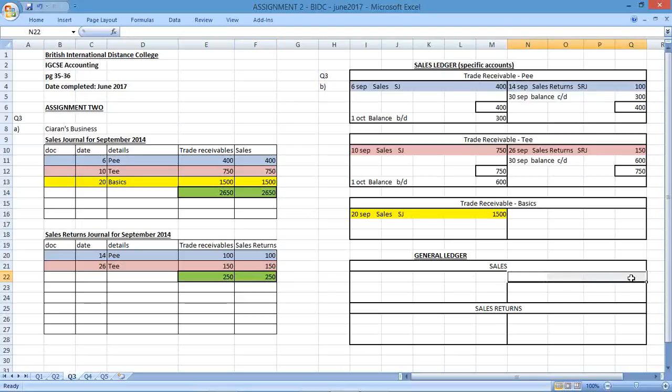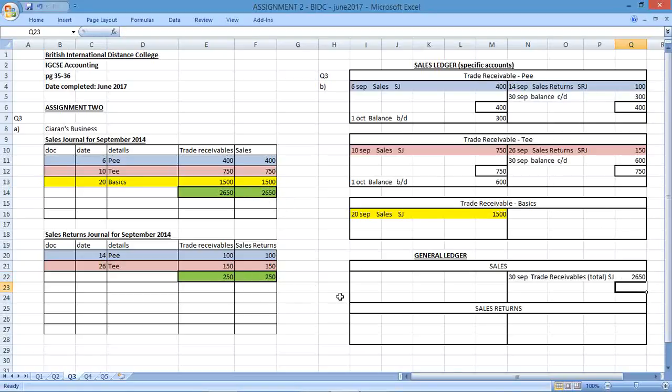So in sales, I'm going to record on the 30th of September total sales from the trade receivables, brackets total, okay, sales journal, and the sales journal total was that figure over there.